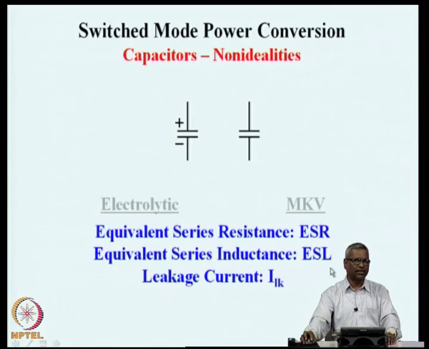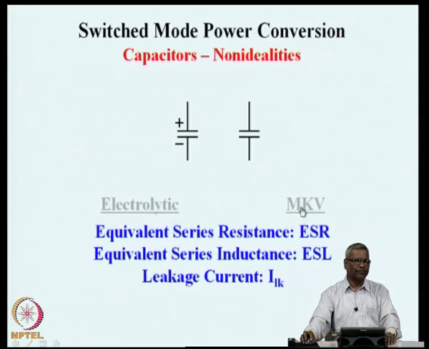This series inductance, which is known as ESL, is associated with the conducting path, and in the same way every conducting path when current is flowing will result in a voltage drop proportional to the current, and that part of the non-ideality we call equivalent series resistance.